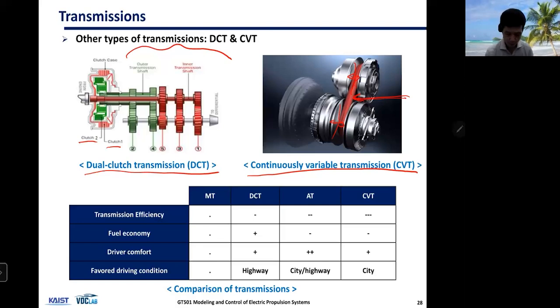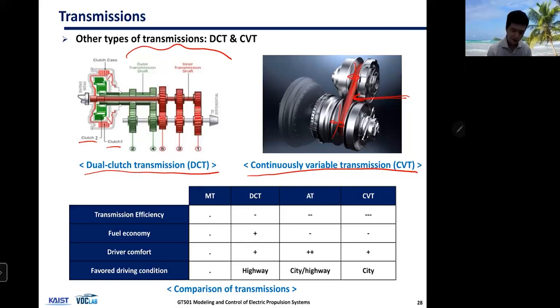And the amount of torque you can transfer through CVT is not high, so this is usually more suitable for compact, smaller vehicles. You also don't have this direct feel of torque and power transmitted from engine to the wheel, okay? So that's a major disadvantage.